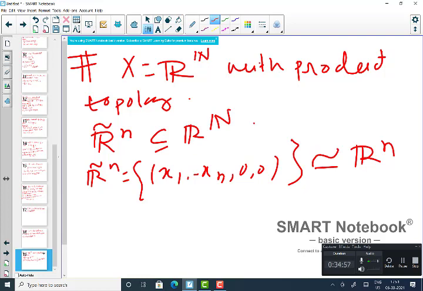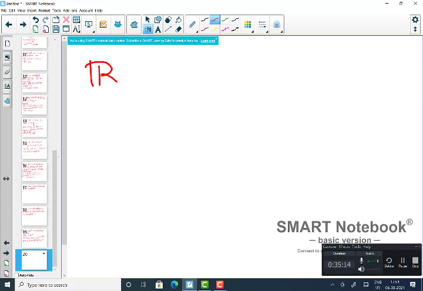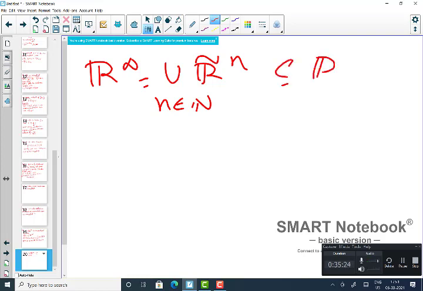We just proved that a finite Cartesian product is connected. So these R tilde n are connected for each n, right? Now we will define the symbol R infinity, which is the union of these R tilde n, for n a natural number. Okay, so this is also a subspace of R^omega, obviously. Can you say R infinity is connected?